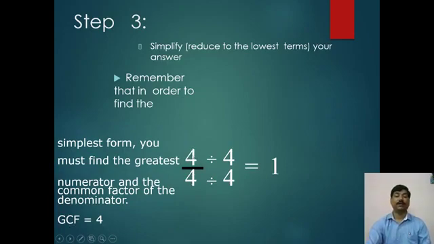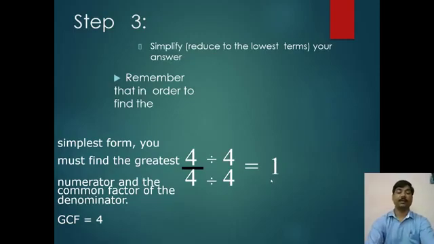Here the highest common factor is 4. So we divide the numerator by 4 and the denominator by 4. We will get the result 1. This is the simplest form of 4 upon 4. So your final answer will be 1.